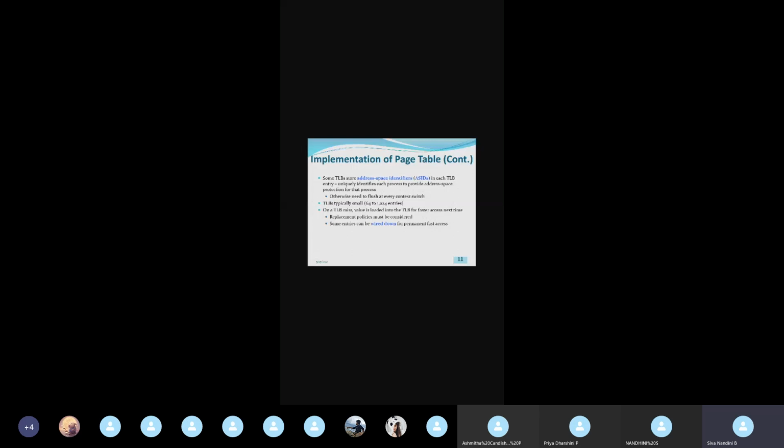So for each and every process, we'll have a unique address space identifier in the translation look-aside buffer, or TLB.